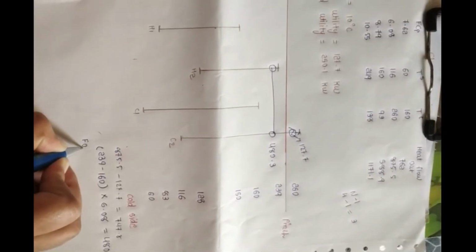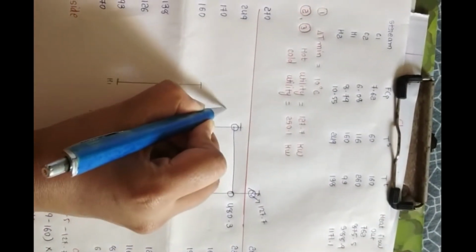Now to find out the temperature at 480.3, what we will do? For the hot side, means for H2, 480.3 divided by its MCP, minus 249, that will give you the temperature 203.5. So at this H2, the temperature is 203.5.